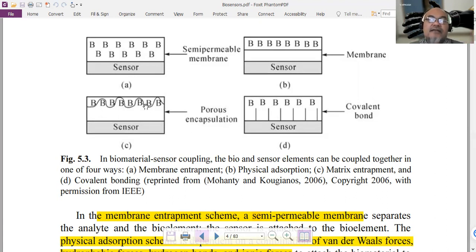Of course, then the orientation will not be as ordered as in covalent bonding. However, if you have enough space, enough thickness with enough porous structure within that matrix, then relatively you will have a good interaction between the biomolecules and the analyte.